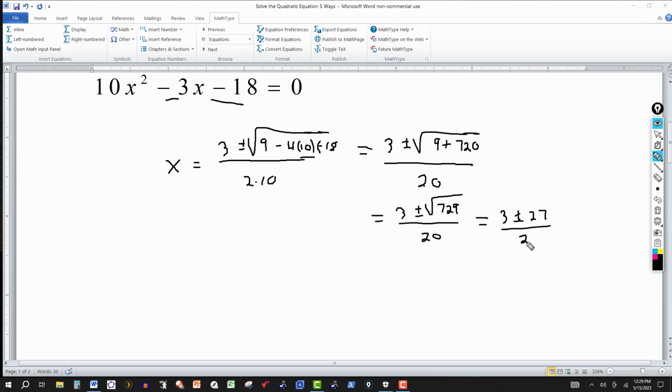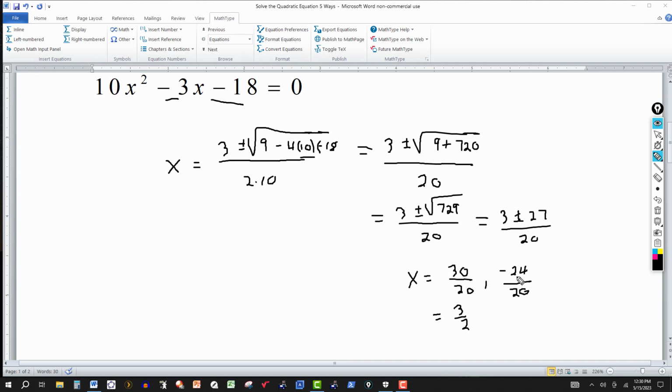That's over 20. So in this case, then we say, okay, x is equal to 3 plus 27. That'll give us 30 over 20. One possible answer. The other one would be 3 minus 27 will be a negative 24 over 20. And then you just reduce these. Notice here, zeros cancel out. I get 3 halves.